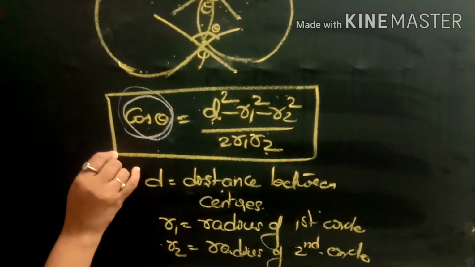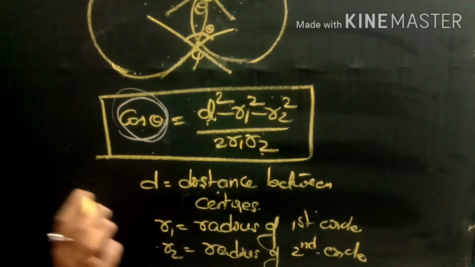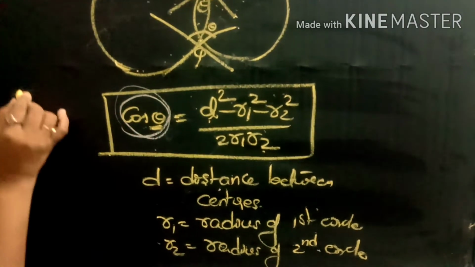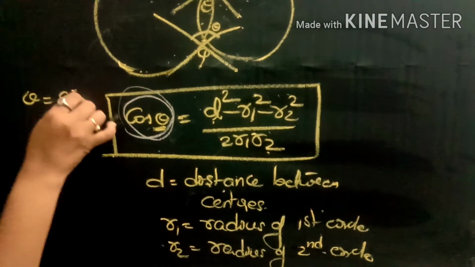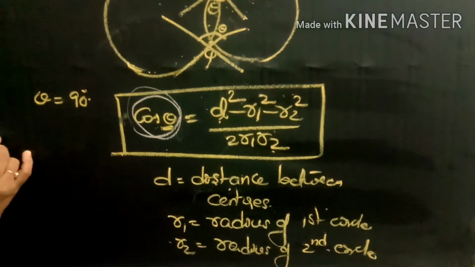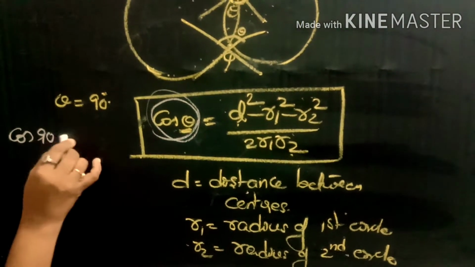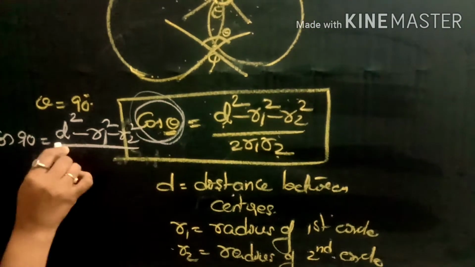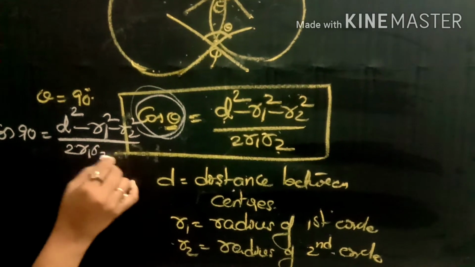And the condition for orthogonality: we take theta equals 90 degrees. That is, we substitute theta equals 90 degrees in the angle between the tangents formula. Then cos 90 equals d square minus r1 square minus r2 square by 2r1 r2.